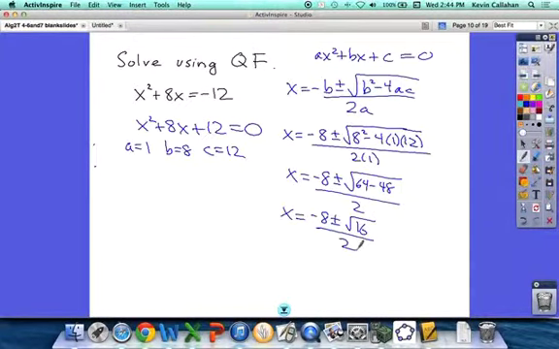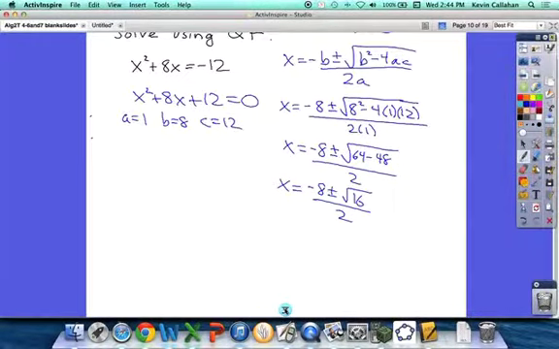And the square root of 16, we know that's a 4. So that is x equals negative 8 plus or minus 4 divided by 2.